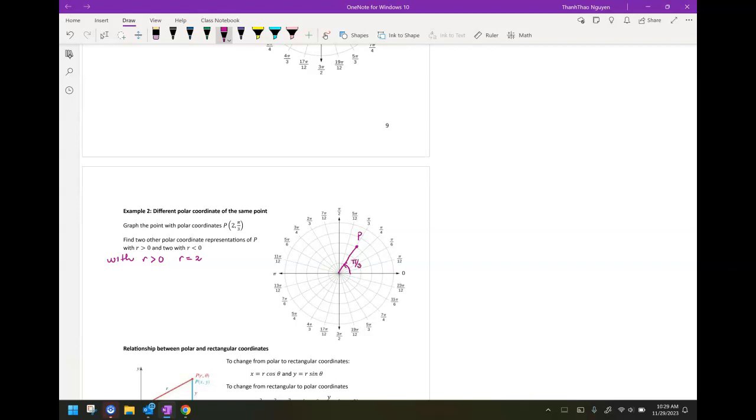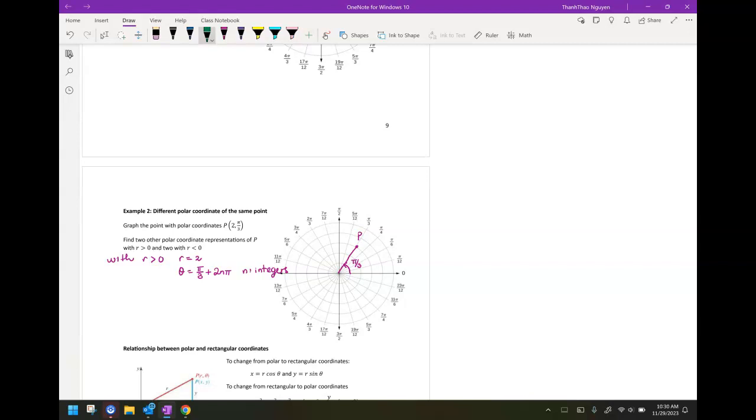If I continue around the circle by n times 2 pi, I'll end up at the same point, right? So then I will have theta equal to pi over 3 plus 2n pi, where n is an integer. Then I get the same coordinate with r being positive.